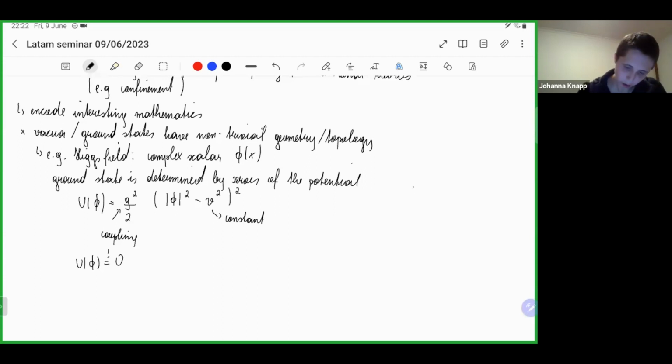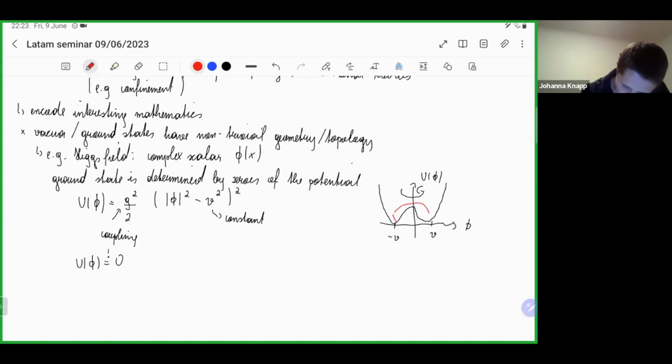If we draw the potential, I apologize for my drawing skills. We have phi here, we have U of phi here, minus v, and we have v, and then we have this famous shape here. Because we are in higher dimensions, this actually has a rotational symmetry. And then it's easy to see just from the picture what the ground state is. That will just be a circle that goes around here.